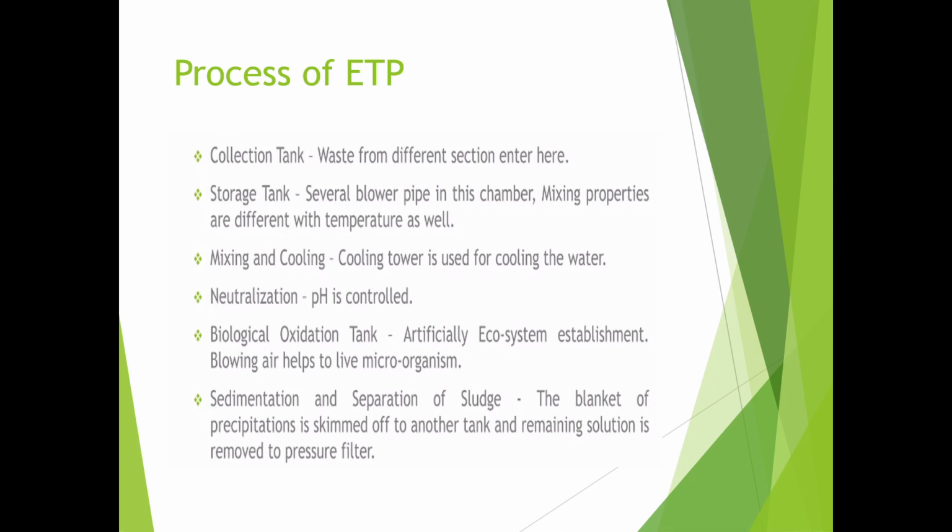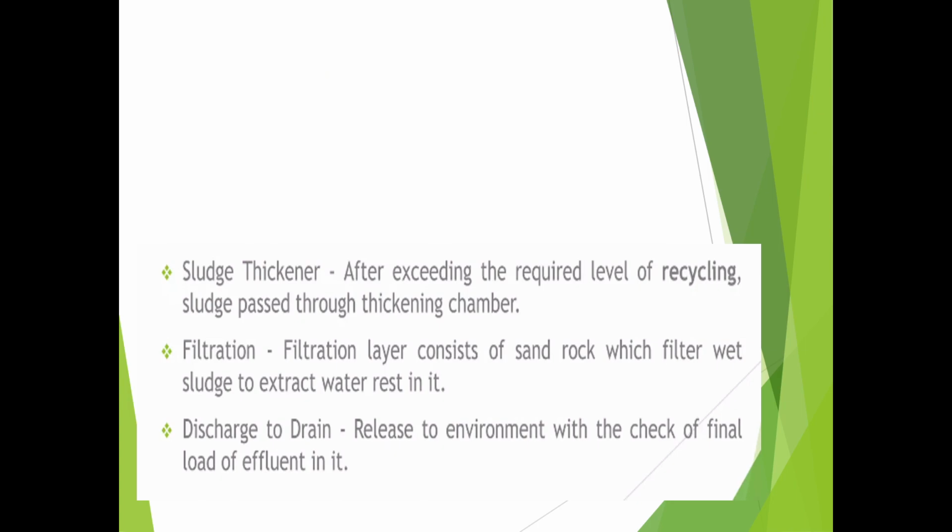Sludge thickener: after exceeding the required level, we recycle again and again, depending upon the process. Sludge will be passed to the thickening chamber, and the filtration consists of sand and rock, which will filter this wet sludge, and it will be discharged to the drain.